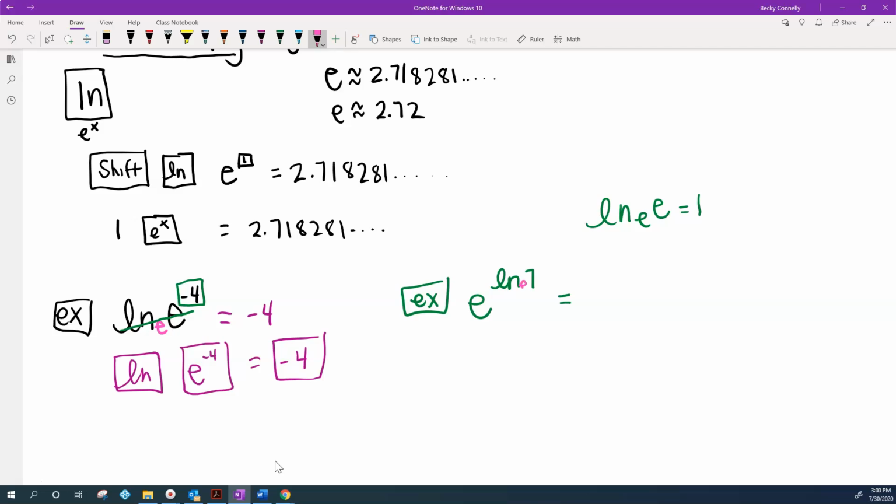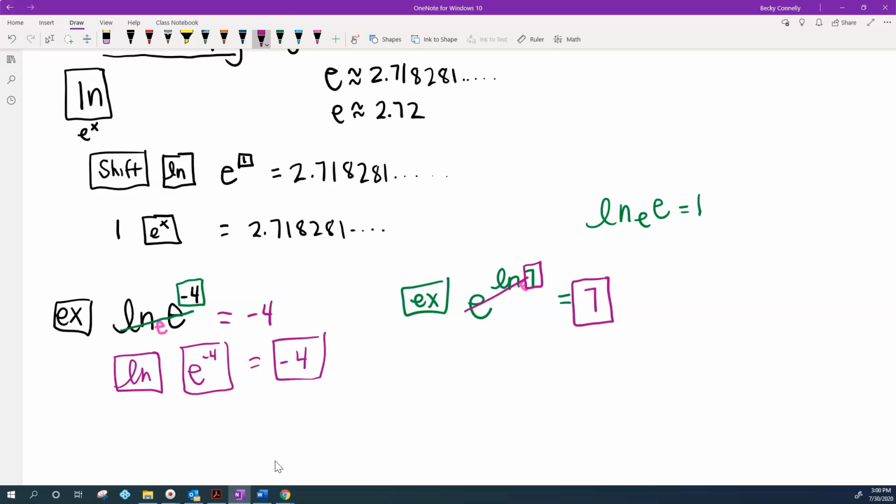This is a property that we didn't really talk about yet, but it's similar to this. If we have e raised to the natural log of e, that is also 1. And so then we're really just left with that 7. So 7 would be our answer on that.